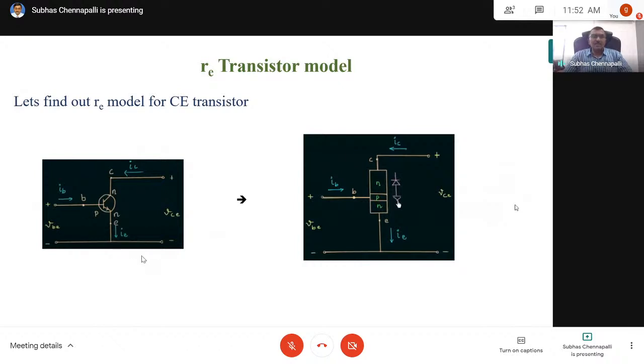This is a transistor with base, collector, emitter, say NPN type.